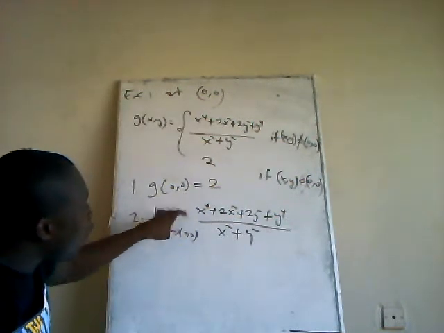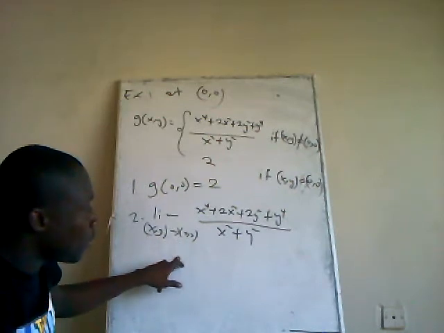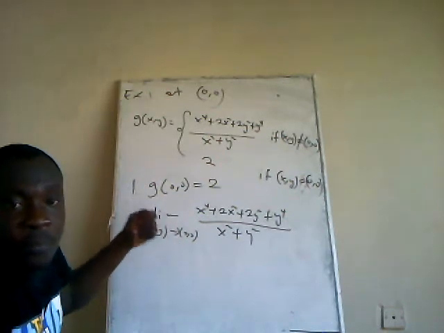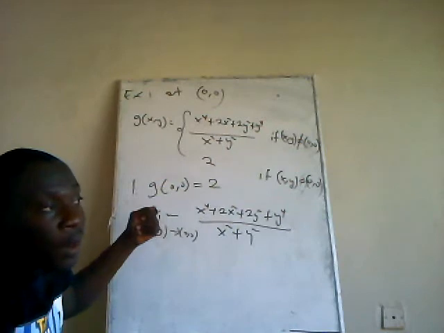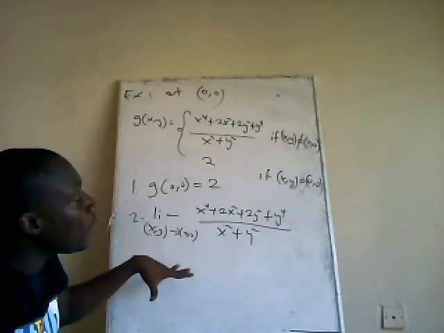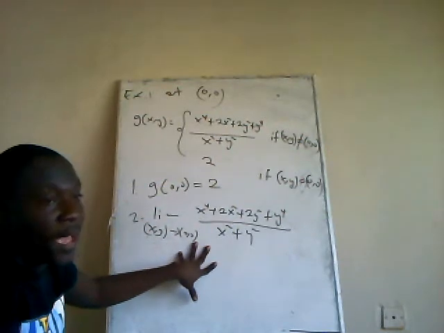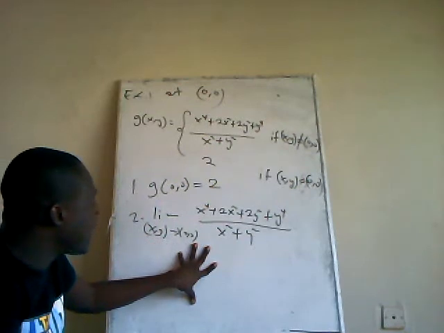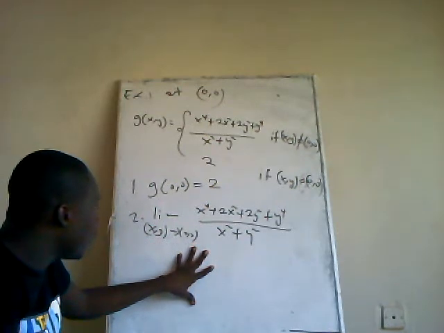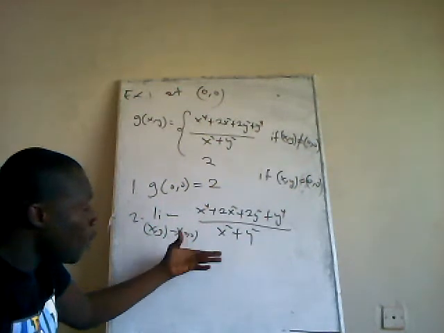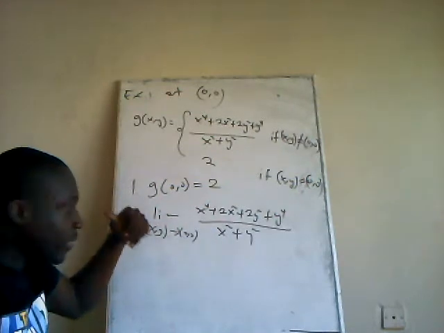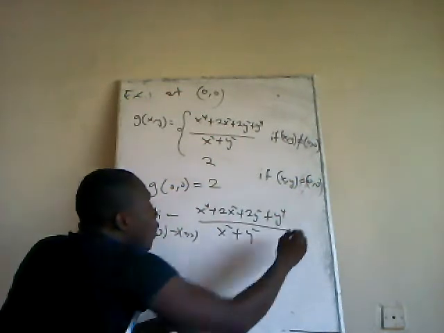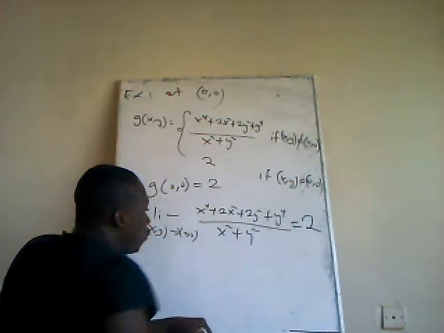We find limits along all the lines which pass through the point 0, 0. And if you are getting the same limits along these lines, then we use the epsilon delta definition to verify whether the limit exists and it is what we claim it to be. Clearly, we solved this question before in our previous lesson, and this was equal to 2.